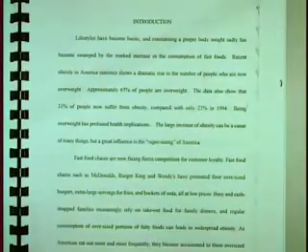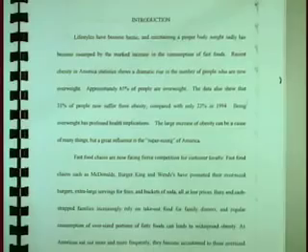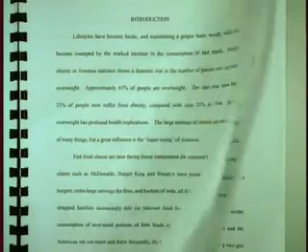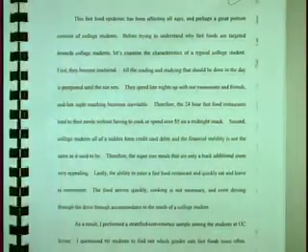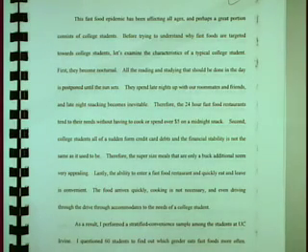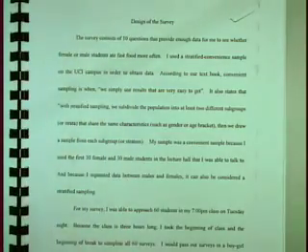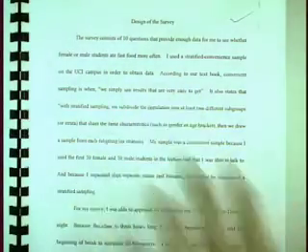Your introduction is going to be about 1 or 2 pages about why you are interested in doing this project, a summary of what you found out, and laying out the different sections that you have. So that is all going to go in the introduction. The next thing that you may have is a design of the survey.